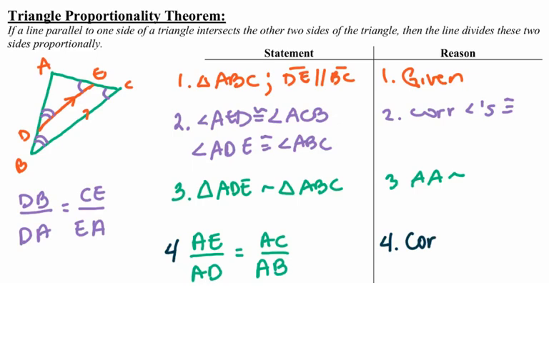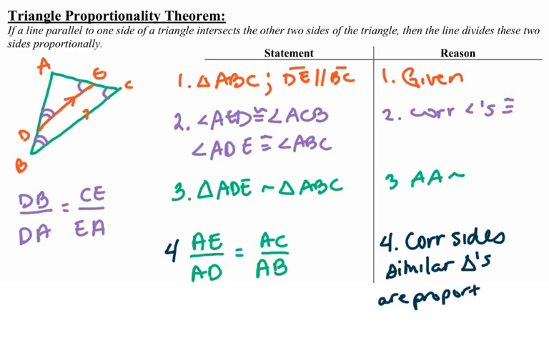So the corresponding sides of similar triangles are proportional. If you think about the dilations that we've done on previous assignments, and how the two shapes are similar and have a scale factor, that's going to be the same idea here.